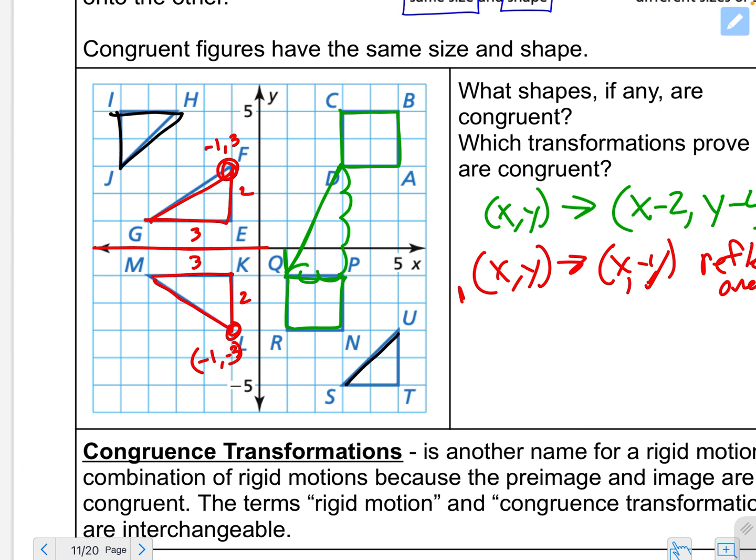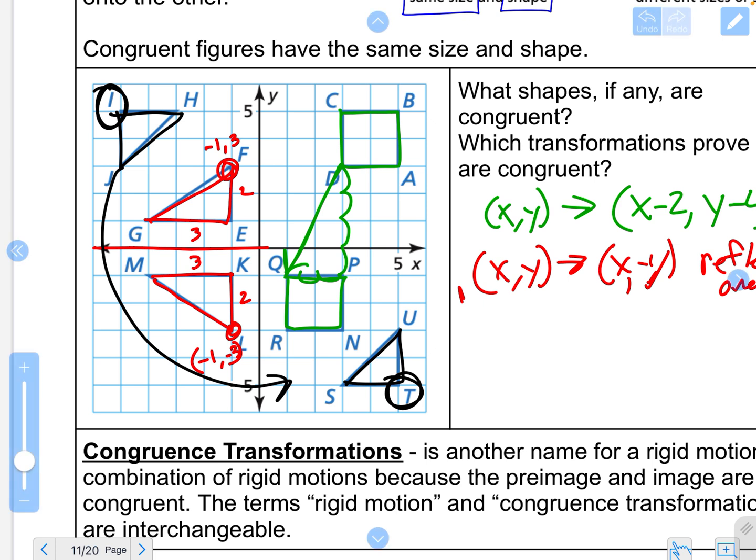And then finally, we've got our last two shapes. We've got a triangle with 2 and a triangle with 2. I and T are going to be the corresponding parts. So how are we going to get I and T? Could we maybe have rotated it? If we rotated it, that would have been 180 degrees. So let's check our 180 degree rule. I is 5, negative 5, and T is negative 5, 5.